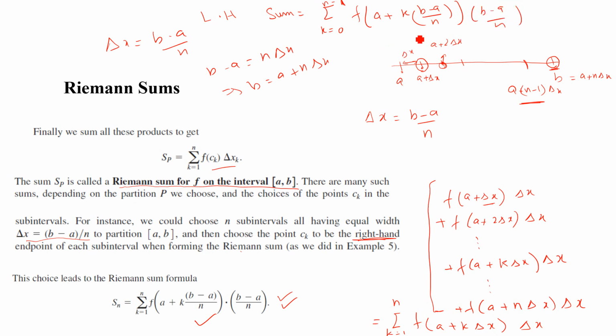So this is the left hand sum, and this is the right hand sum, okay. I hope now you understand the difference.